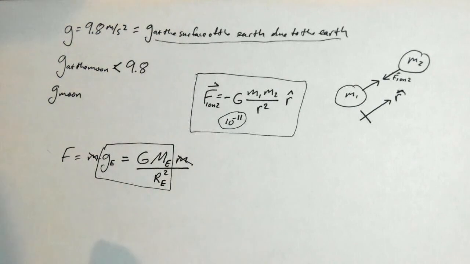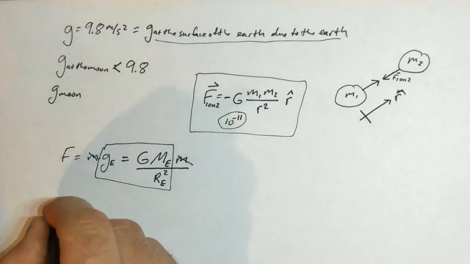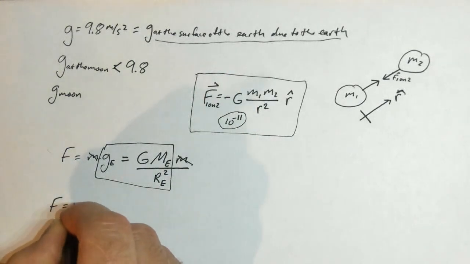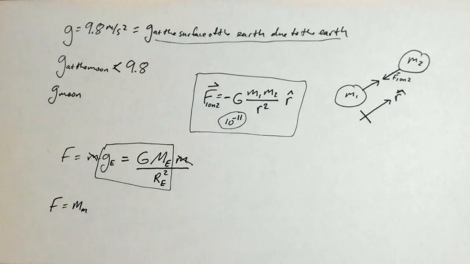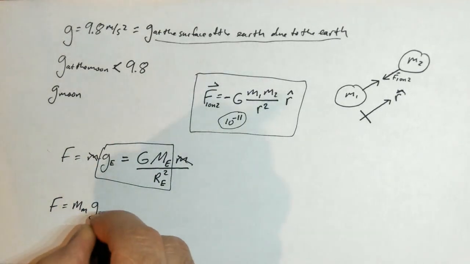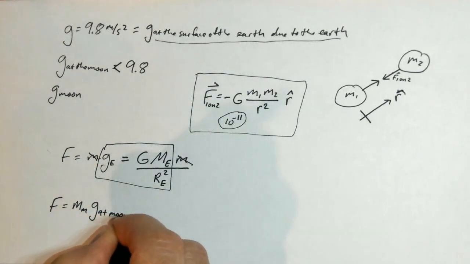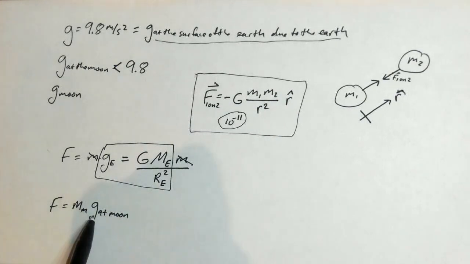Okay, so let's take an example. What if I'm not at the surface of the Earth? What if I'm at the moon? What if I'm near the surface of the moon, but I'm being pulled by the Earth? Or better yet, how is the moon feeling the gravitational pull of the Earth? Okay, so that is going to be m moon times g at moon. By writing this at moon, I mean the gravitational pull of the Earth at the location of the moon.